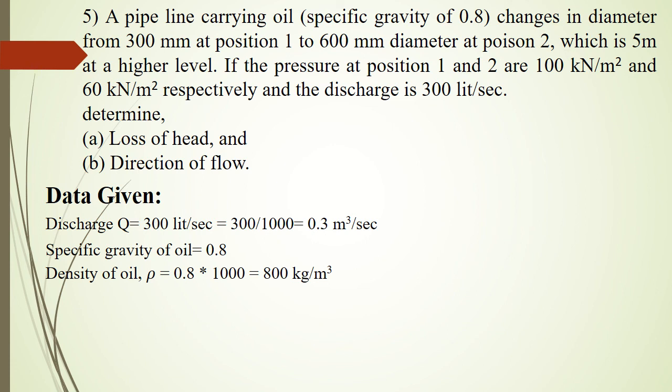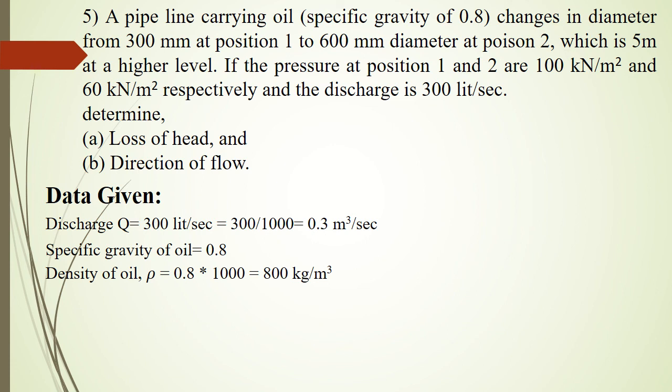The diameter at section 1 is 300 mm. The diameter at section 2 is 600 mm, which is 5 meter at a higher level.